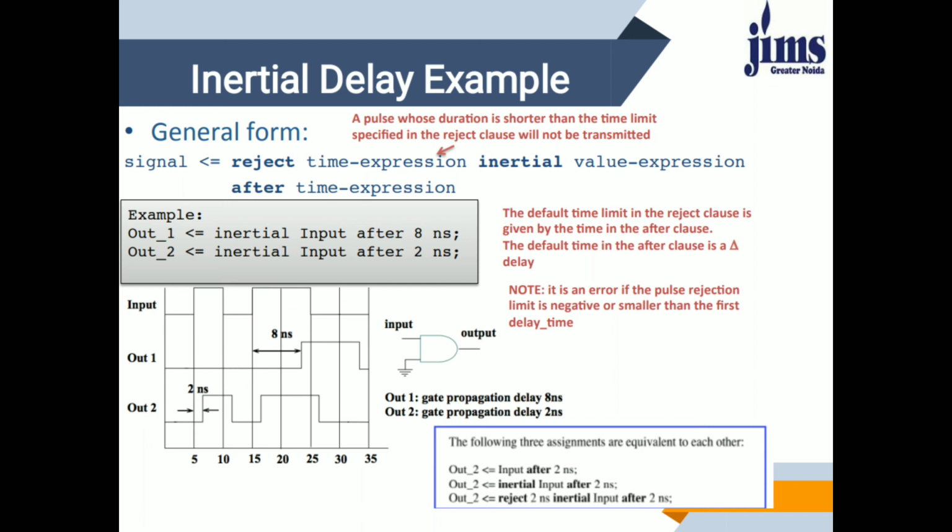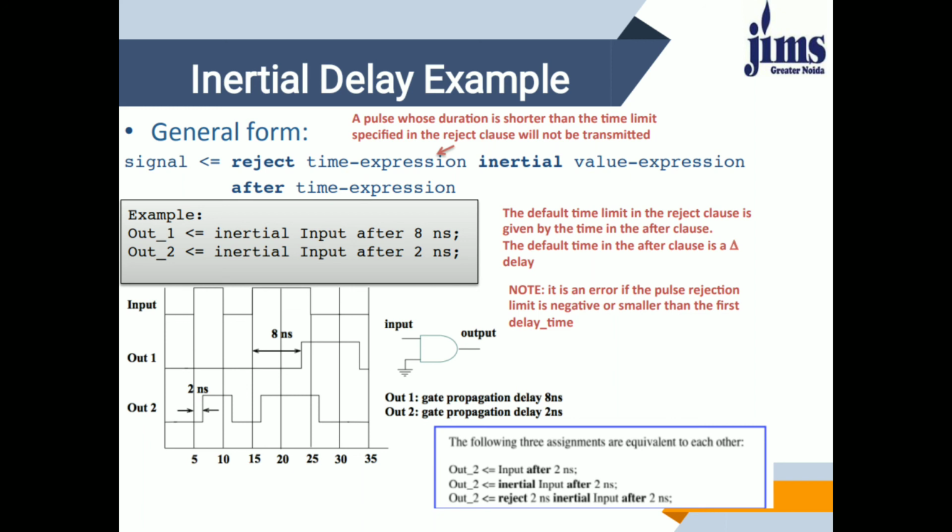The default time in the after clause is a delta time. It is an error if the pulse rejection limit is negative or smaller than the first delay time. So we need to follow these rules. In this way, we can define the inertial delay example.